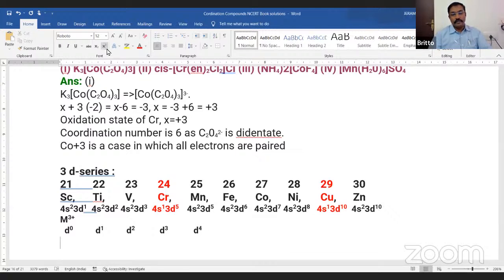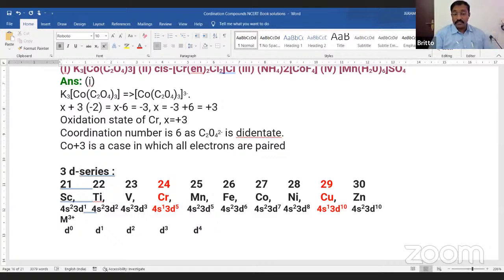And then another one is iron. Iron Fe3 plus, becoming Fe2 plus. Iron is 26. 26 means how many electrons are there in the 4s and 3d? 6 plus 2, 8 electrons. If it is Fe2 plus, there are 6.